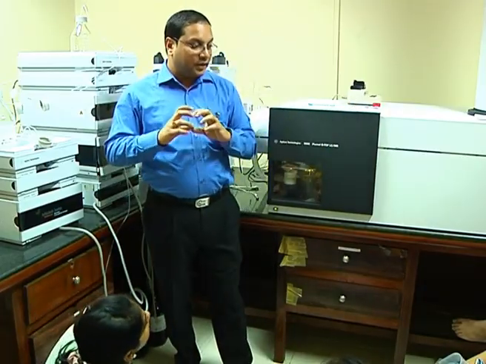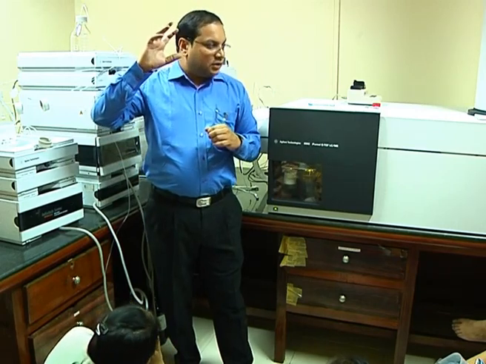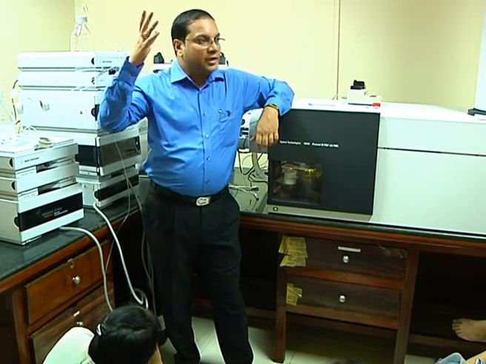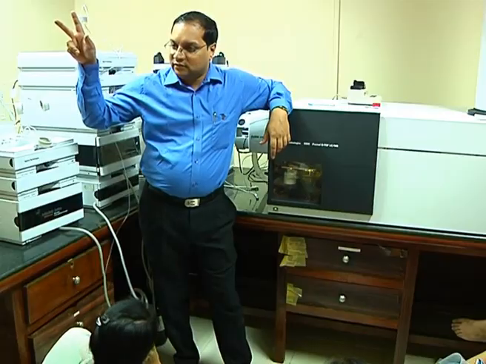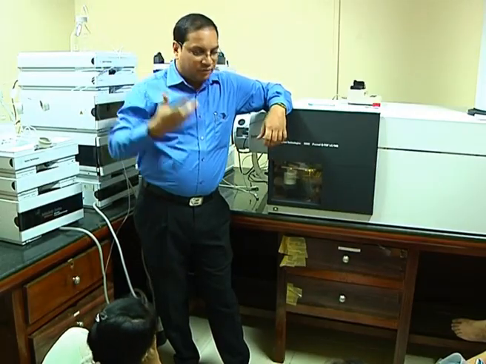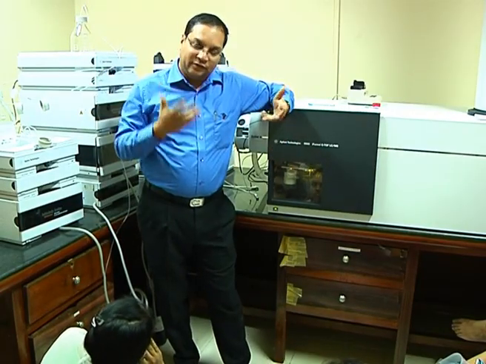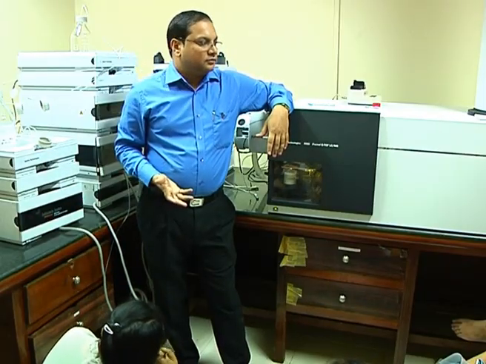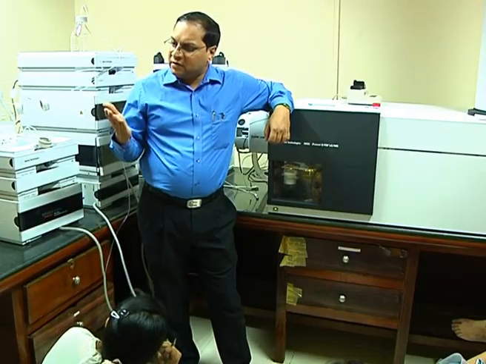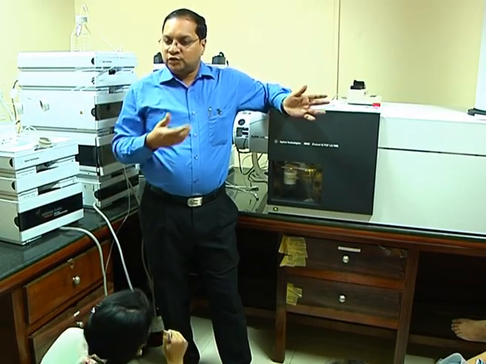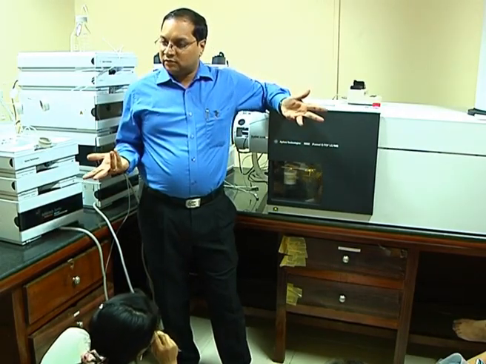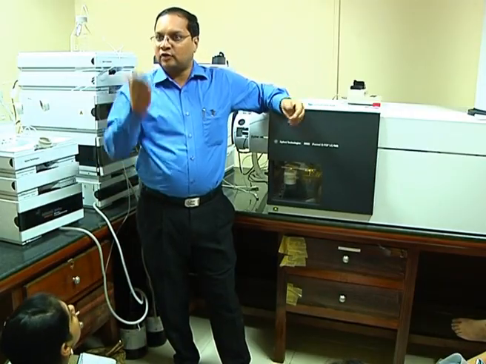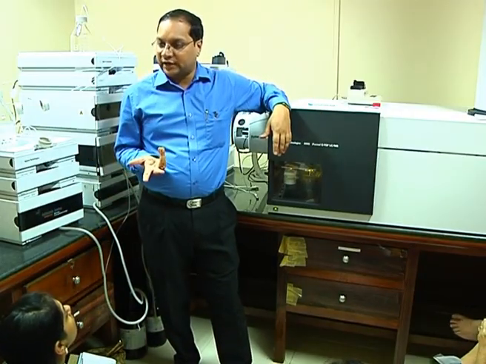So if I submit triple quad data to a database, there will be many peptides of the same mass but different sequence. It will pull out all the information because it doesn't have accuracy. It will see 500 and 501 only, and you will get redundant information. For the same mass, you will get hundreds of peptides. You started with nowhere, you end up nowhere. So what to do next? I don't know which of these 50 peptides is correct.